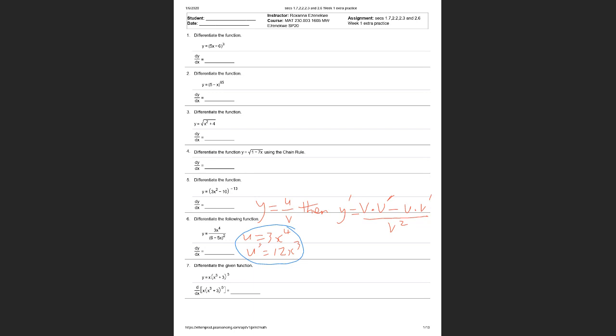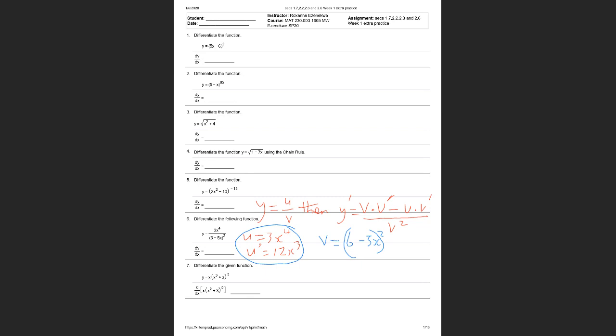Then I want to write what my v is. My v is equal to 6 minus 5x squared. Actually, it is a function inside a function. And so the denominator is a composed function.